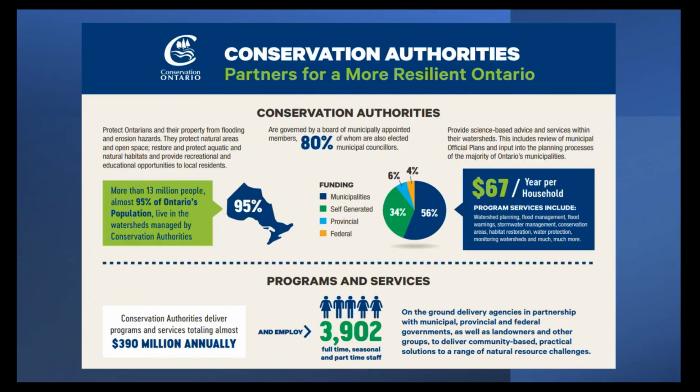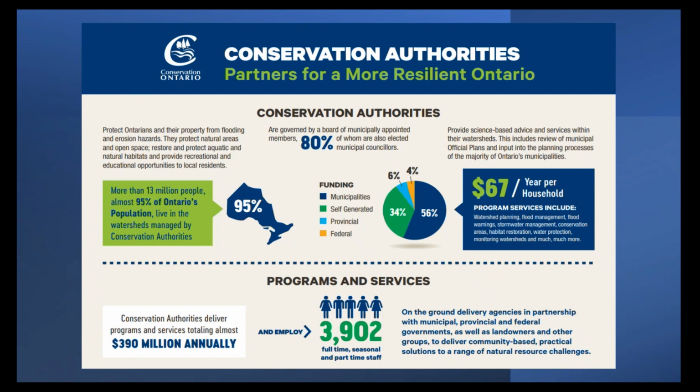So what do conservation authorities do for our partners to create a more resilient Ontario? Conservation authorities protect Ontarians and their property from flooding and erosion hazards. More than 13 million people, or nearly 95% of Ontario's population, live within the watersheds managed by one of our 36 conservation authorities.